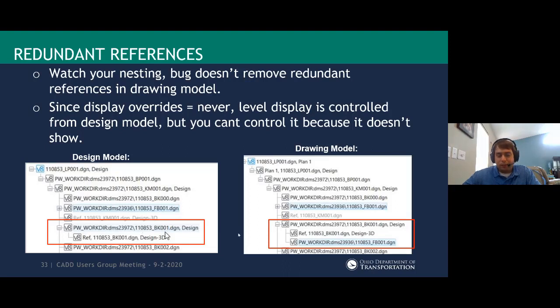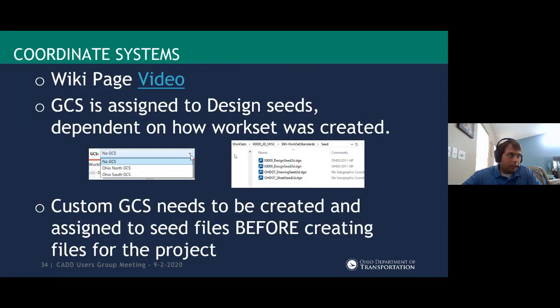Just be conscious of your nested references. This problem goes away if you don't go crazy on your nesting. So hopefully they get that filed as a defect and can clean that up, but it's not that hard to fix. Just change your nested references so that you don't have it. But if you guys run into that, there's that.